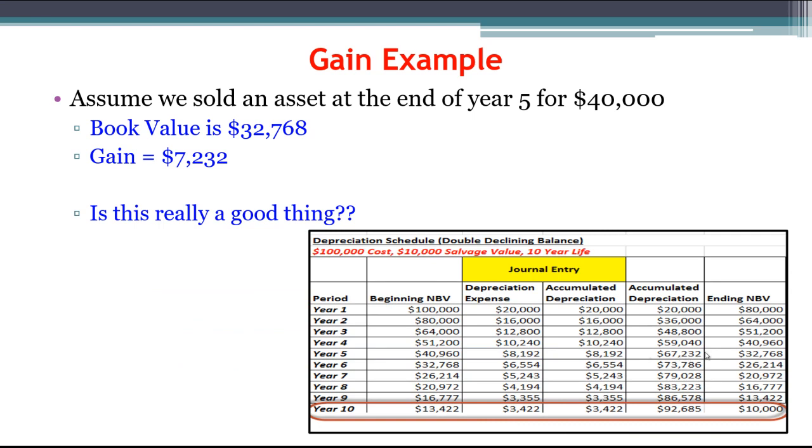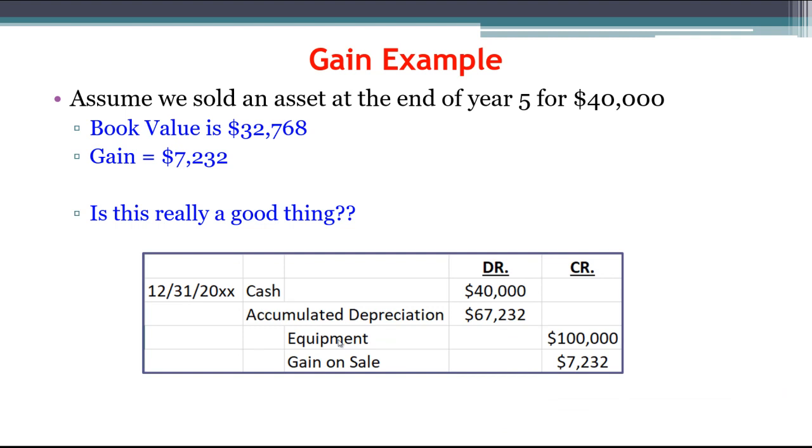That's this amount right here. That's our running total at year 5. The equipment was still recorded at the full $100,000, and it had a debit, so we have to credit that. And to balance out, we have a credit to the gain on sale for $72.32. Everything balances out now. Gain is similar to a revenue.